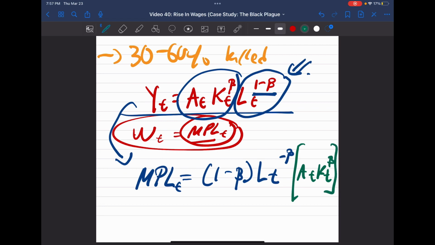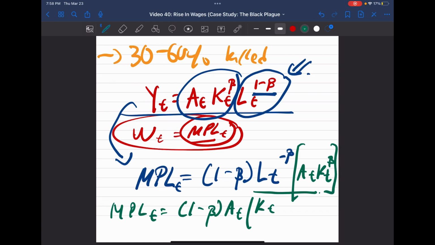Now let's combine it so it's easy to see. MPL, the marginal product of labor, equals 1 minus beta multiplied by A_t, multiplied by K_t over L_t, to the power of beta. L_t, the economy's supply of labor, is in the denominator because it has the power of negative beta. So we put that downwards in the denominator, and we put all of these in brackets to the power of beta, because K_t also has the power of beta, so we put beta outside the brackets.